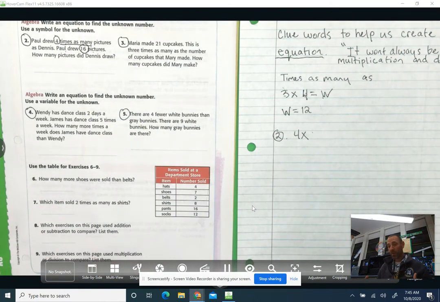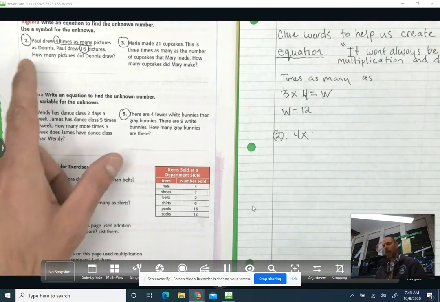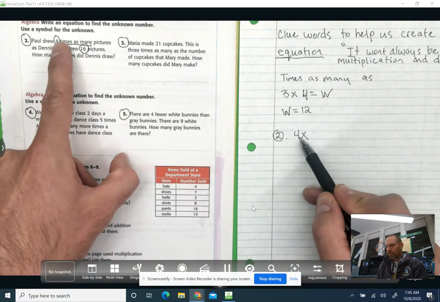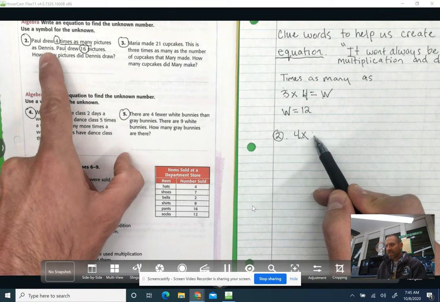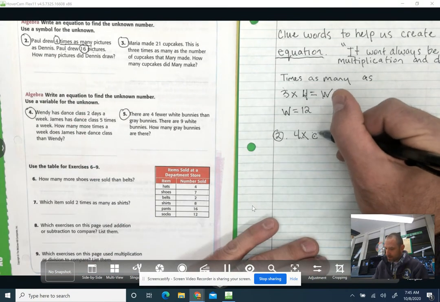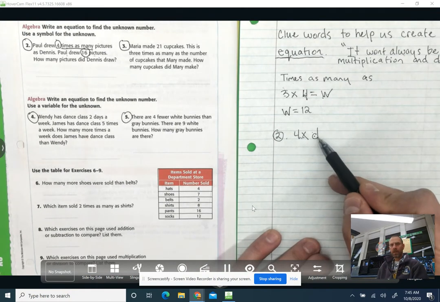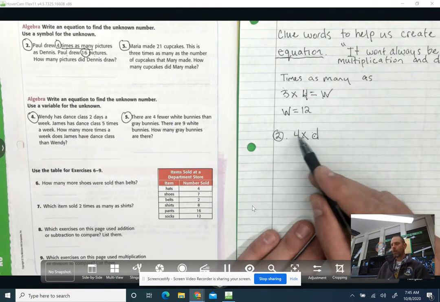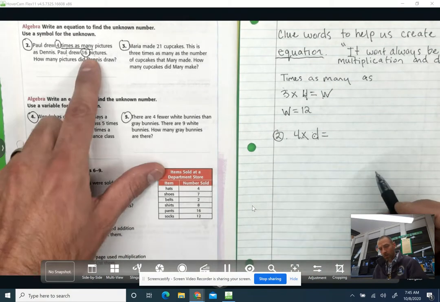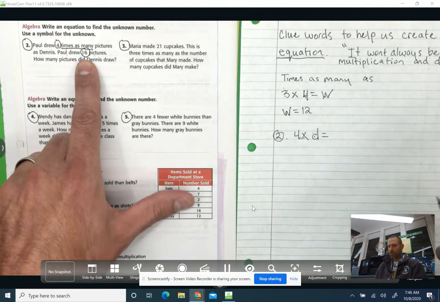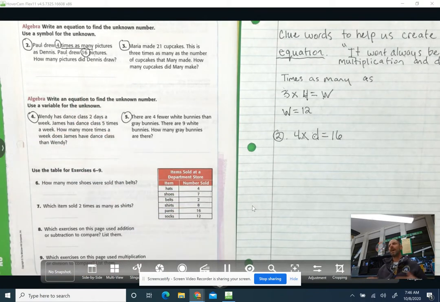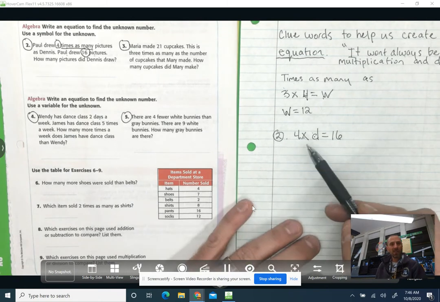So we know how many pictures Paul drew. How many pictures did Dennis draw? Well, if Paul drew 4 times as many as Dennis, we don't know Dennis. So let's use the variable d, lowercase d. 4 times Dennis equals our large number, our amount. Paul drew 16 pictures. Now, how did I know that? Because I looked at these two numbers.